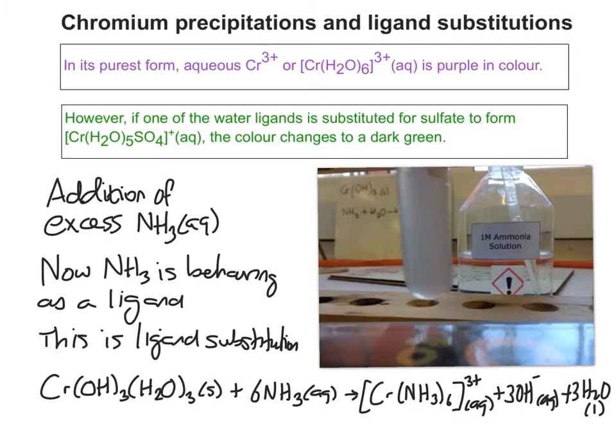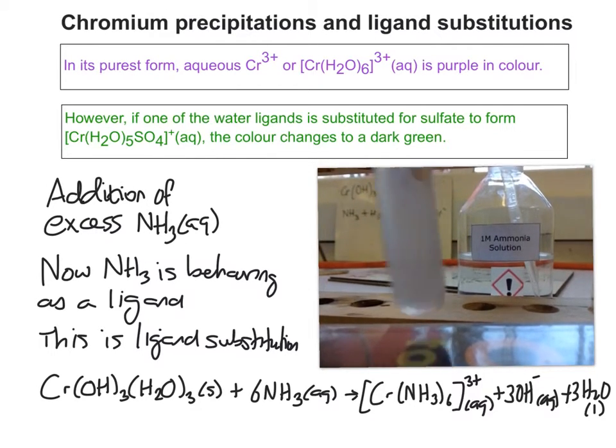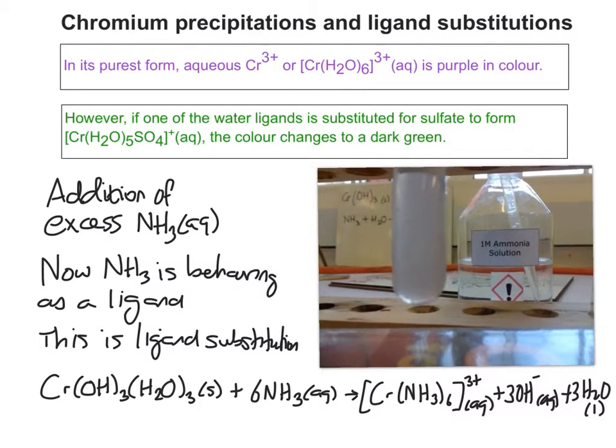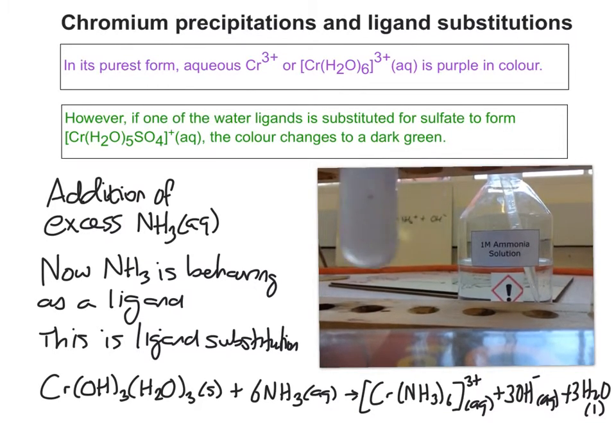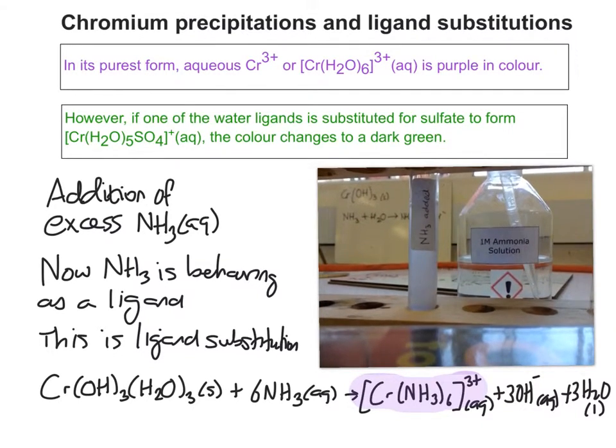So the reaction that you can see at the bottom of the screen is the ligand substitution reaction that takes place when you get 6 ammonia ligands replacing 3 hydroxides and 3 waters. And hopefully you can make out a slight purple tinge. That's the compound that's responsible, CrNH3 6 3+.